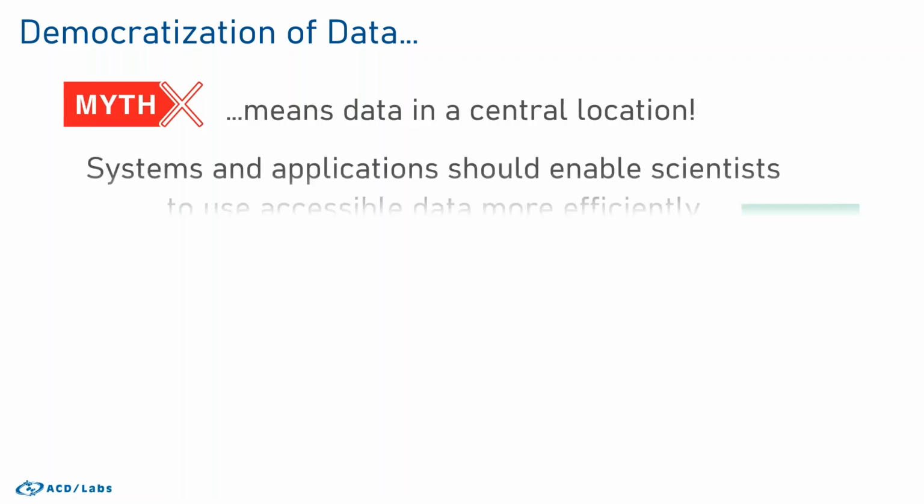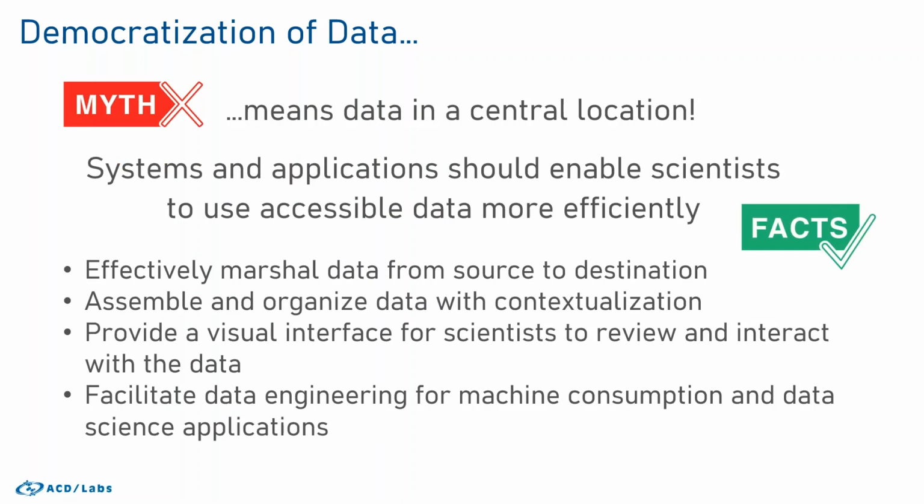Democratization of data really should mean that there are systems and applications in place so that scientists are enabled to use the data and have access to it more efficiently. That means the system should have effective data marshaling capabilities that take the data from the source to the destination and every step in between.